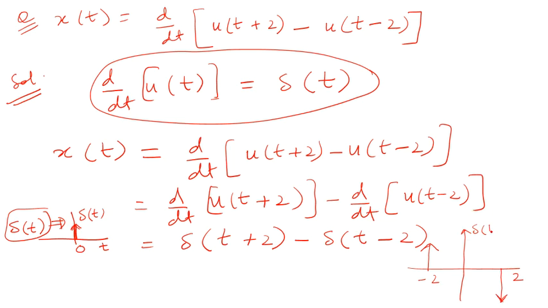You can write it as δ(t+2) − δ(t−2). Amplitude will always be equal to 1 since it is a unit impulse signal. So I hope it is clear to you. Now one more similar kind of problem we can take.